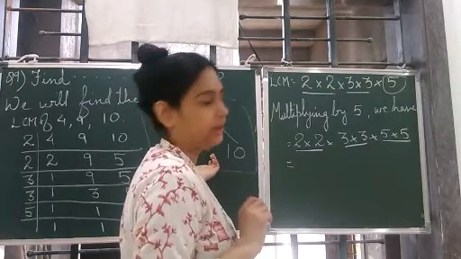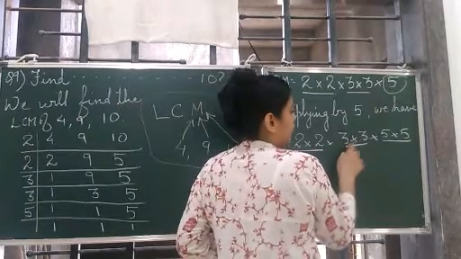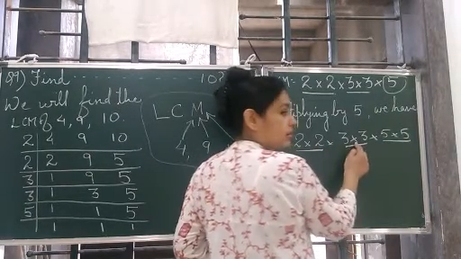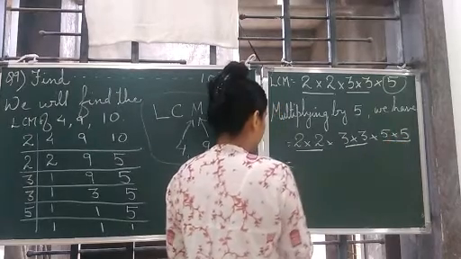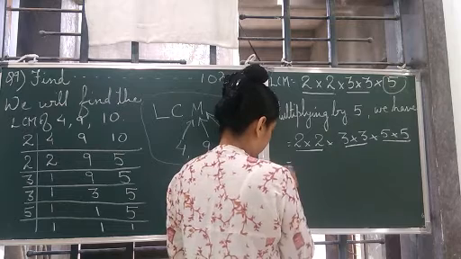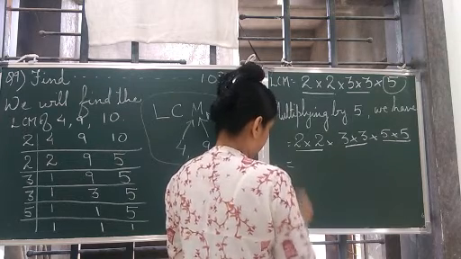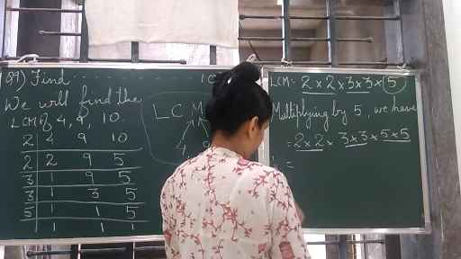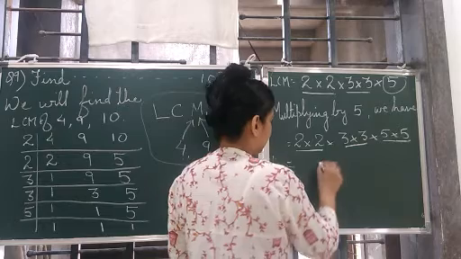4, 9 and 10. So 2 2s are 4, 3 3s are 9, 4 9s are 36. 36 into 5 5s are 25. So you do 36 into 25. So it is 900.